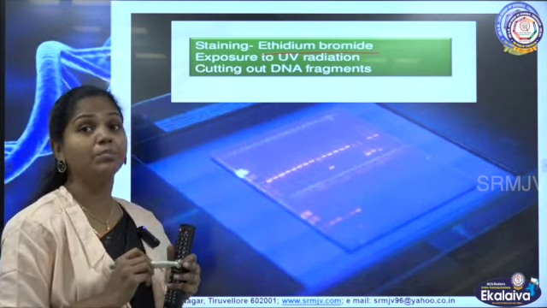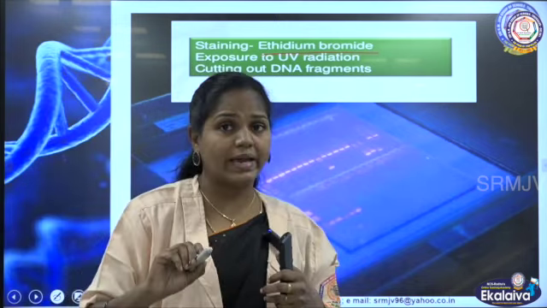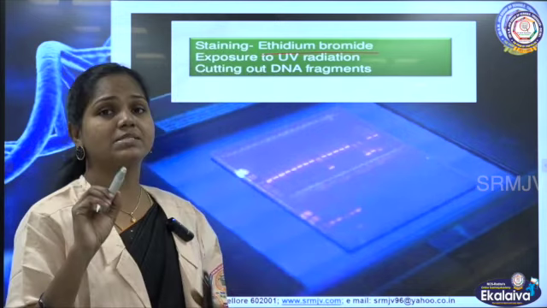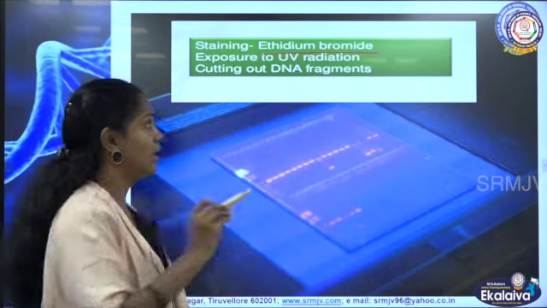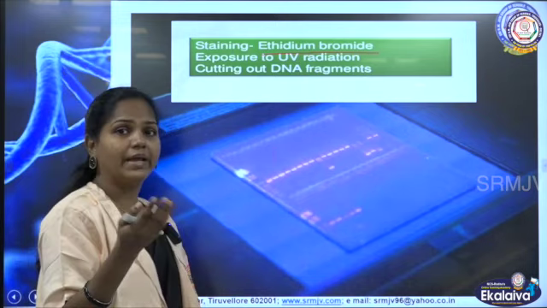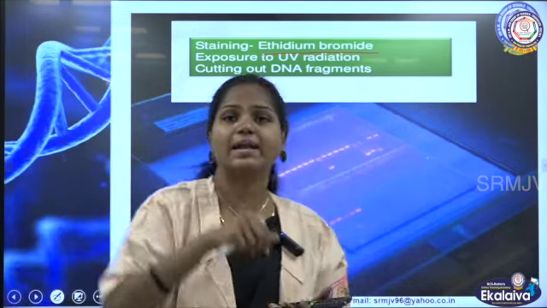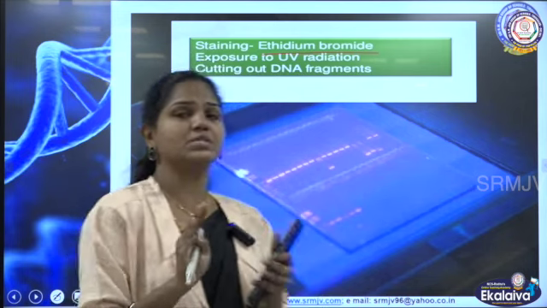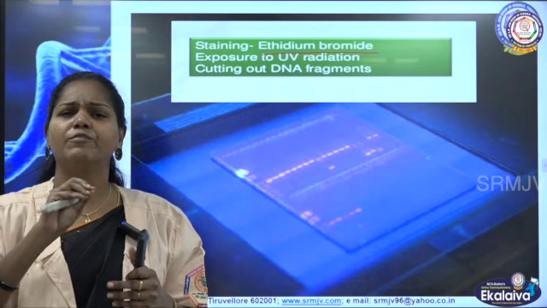You have to be very careful when handling this ethidium bromide stain, because it is carcinogenic in nature. The gel will be taken in a gel box and ethidium bromide stain is added. You can stain it for a few minutes.